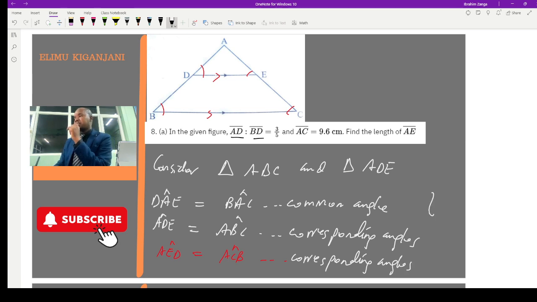So with these details in our hand, we can easily say that triangle ABC is similar to triangle ADE, and this is by the angle similarity theorem.